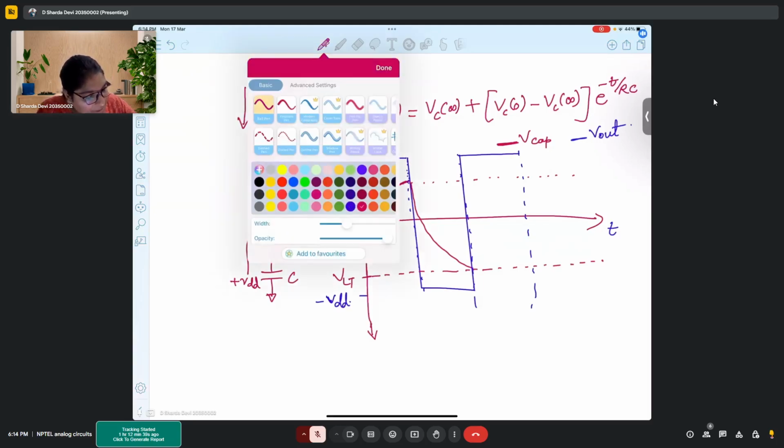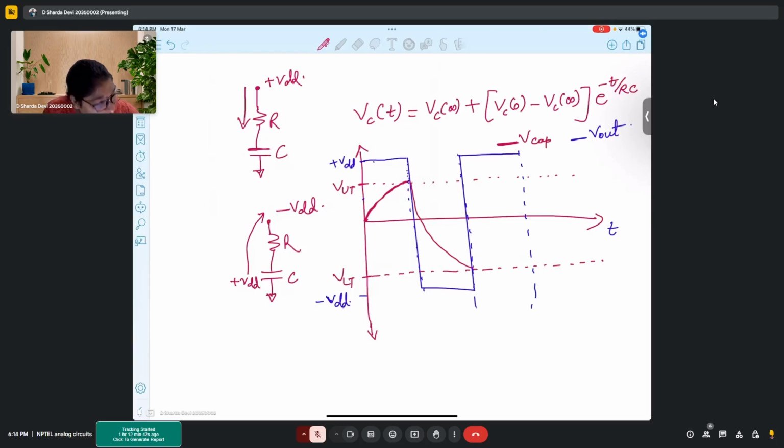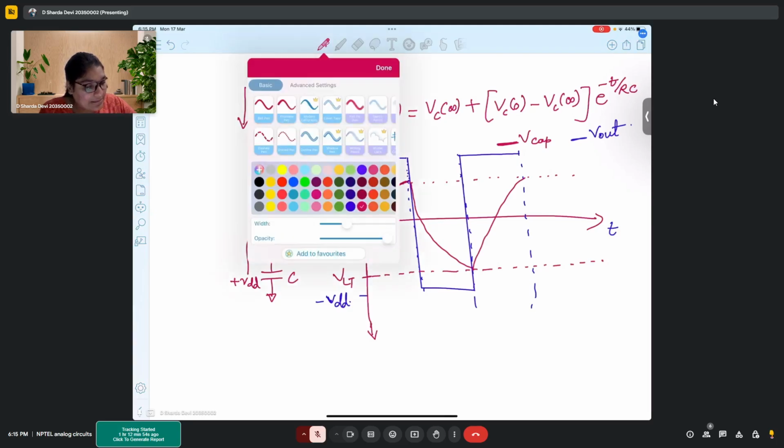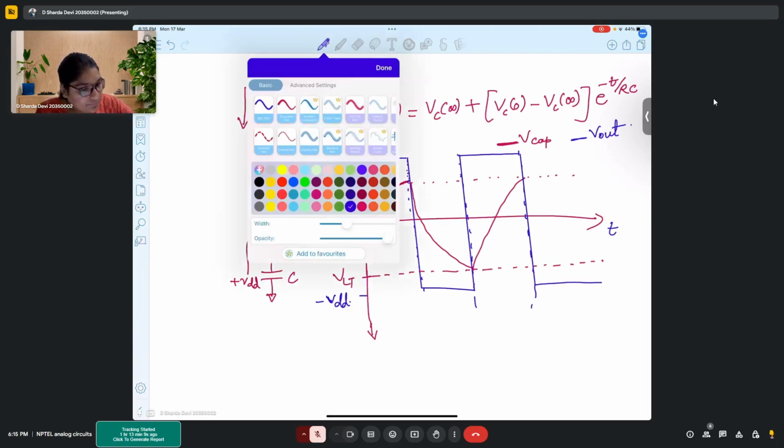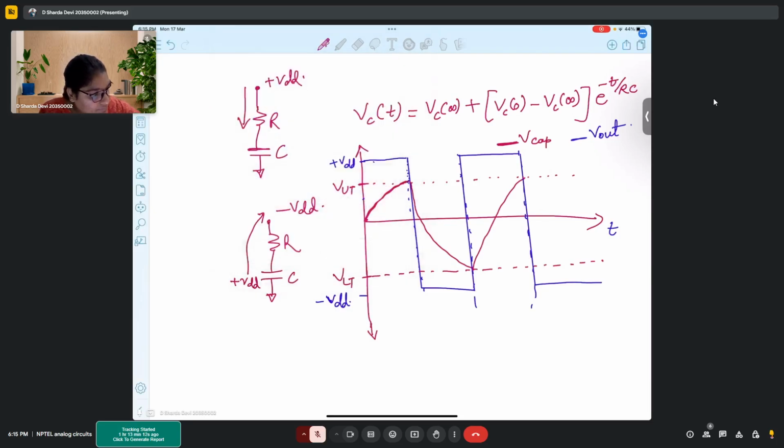The capacitor, which has discharged till VLT, will start charging again and go to VUT, right? And then again it will face that VUT issue. The output will again come down to minus VDD, and my capacitor will also discharge.